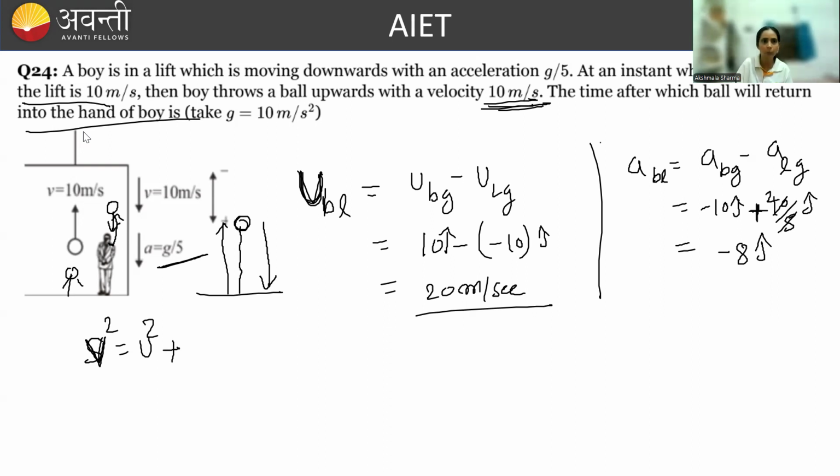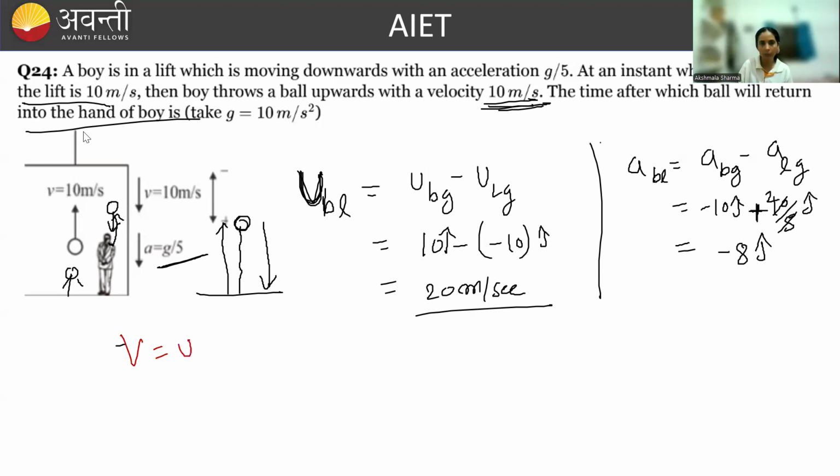Okay, let me check. When the velocity of lift is, the ball thrown upward, find the time after which ball will return into the hand of boy. So at the highest point, at the maximum height, speed will be what? 0, V equal to 0. Okay, so we can use V equal to U plus at. है ना? क्योंकि at maximum height, final speed is what? 0.